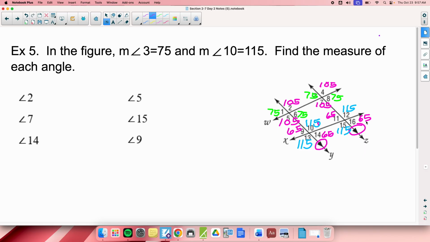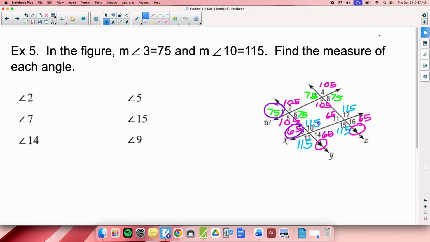But I wanna tell you a question I have all the time. During the quiz, kids will come up to me and they'll say, why is this angle and that angle not the same, but they're corresponding? Because these two lines do not have arrows on them. You can only use those relationships I've been talking about if the two lines are parallel.